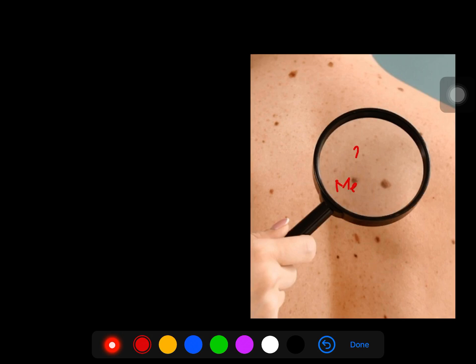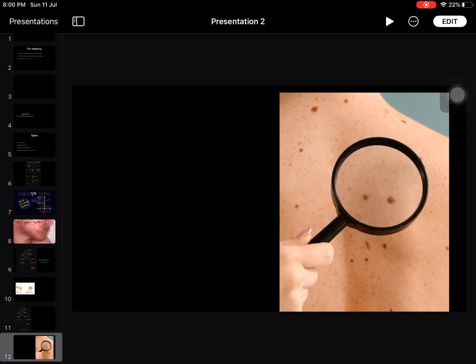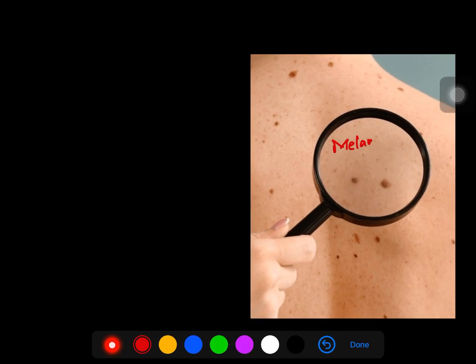It is melanoma. So melanoma is a benign condition.